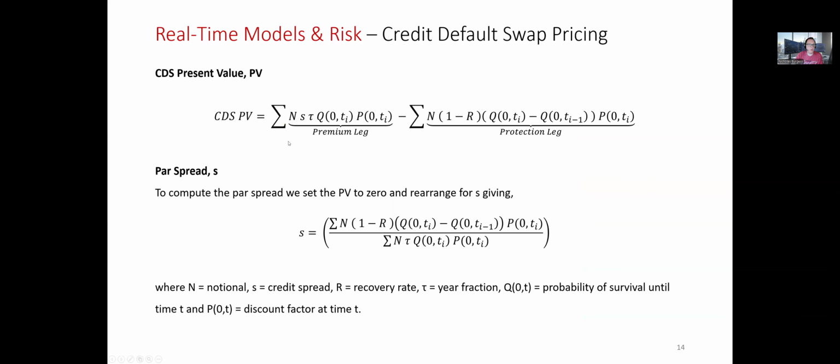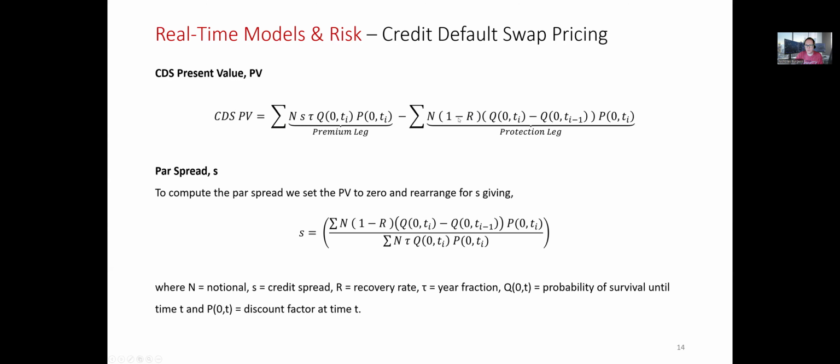Now the formula for pricing a CDS is here. We have a premium leg. In this case, we're selling protection, so we're receiving the premium and paying the protection. N times (1 minus R) is the loss given default. All the terminology is here. N is the notional, R is the recovery, so 1 minus R is the loss.